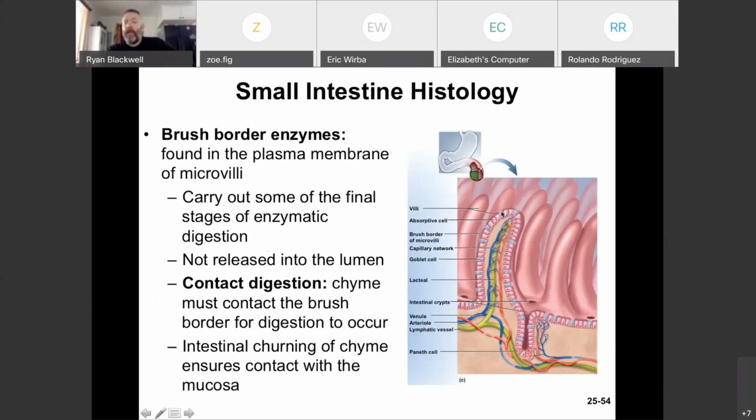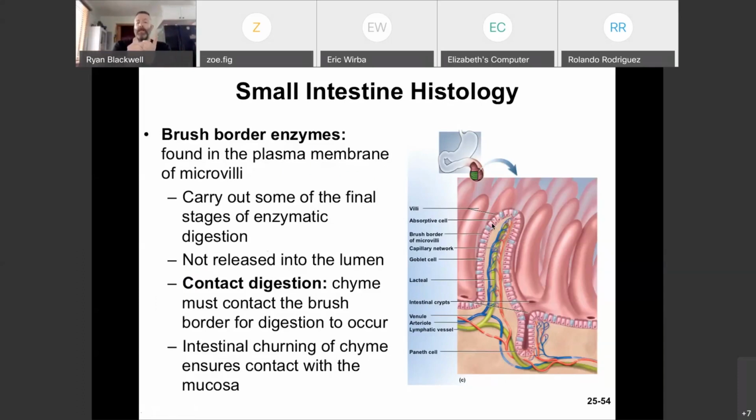Within these epithelial cells that line our villi, these cells that have the microvilli, there are enzymes that do just a little bit of additional digestion, primarily of disaccharides like sucrose, breaking it down into glucose and fructose molecules. And that, in essence, is digestive system physiology.